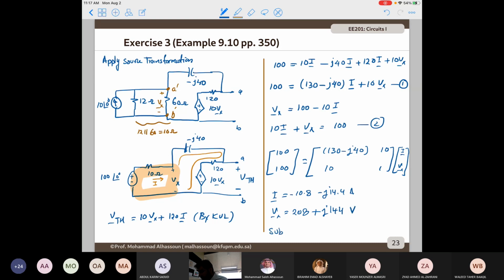Then substitute into equation A. I call this one A. You will get Vthevenin equals 784 minus J288 volts. Okay, now we found the Thevenin voltage. Any questions, Shabab?